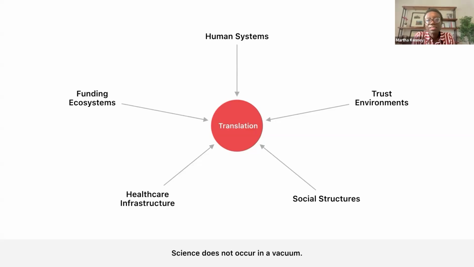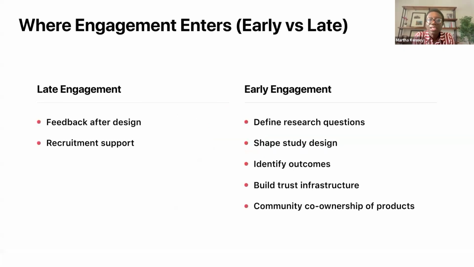And so when you think about a disease that is not just complex biologically, but also complex from a social perspective, a healthcare perspective, historical perspective, engagement becomes incredibly important. And engagement in sickle cell has really been more about late engagement, where I'm designing a study and I might have a couple community partners or a couple individuals who are patient advisors that I know a little bit, and I might ask them for feedback after the study has already been designed.